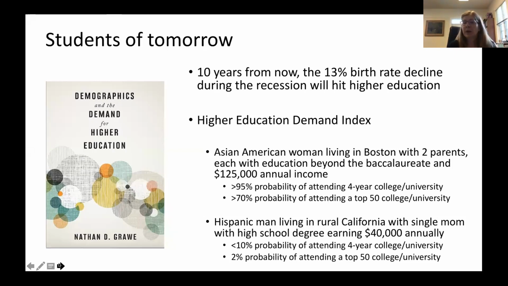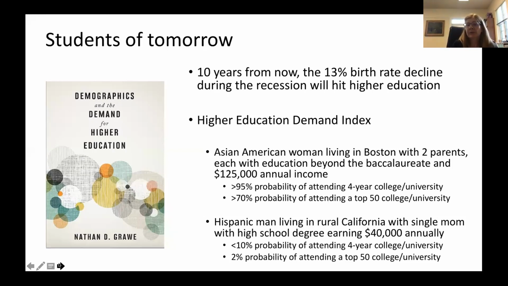So if you're in one demographic with well-educated parents, with very high income level, there's a 95% probability that you'll go to a four-year college, and actually a 70% probability of attending a top 50 college or university.